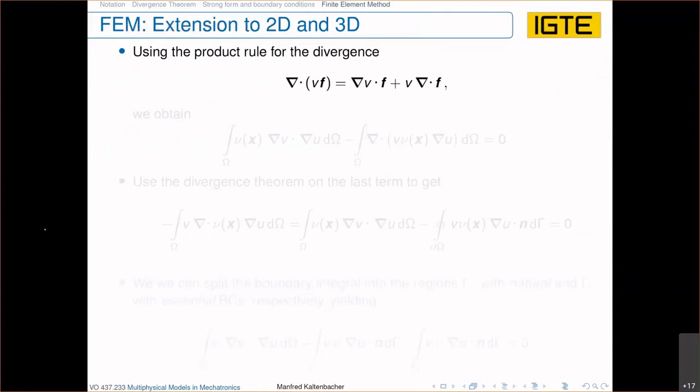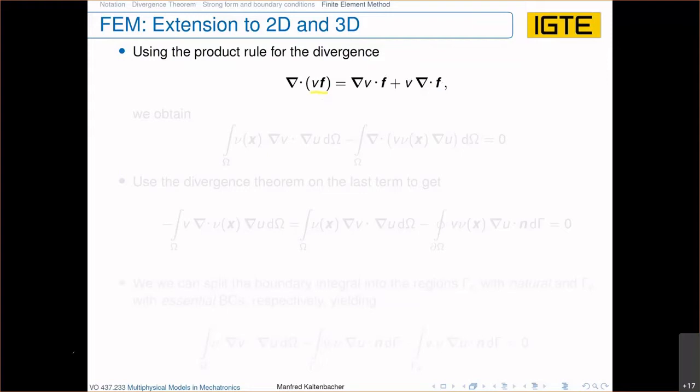This part here is the vector f multiplied with the test function v, which is a scalar quantity. According to the product rule, we can rewrite this as follows. It is the gradient of v, scalar product with our vector f, plus v divergence f.